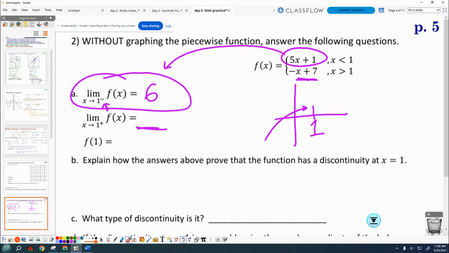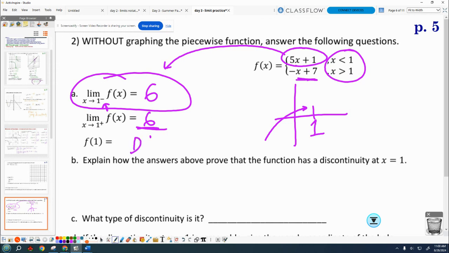Is there an equals in there anywhere? So what does the function equal when x is actually 1? Do I tell you when x is 1 what the value is? No. So do you get to just pick one, or do you have to say, I don't know?